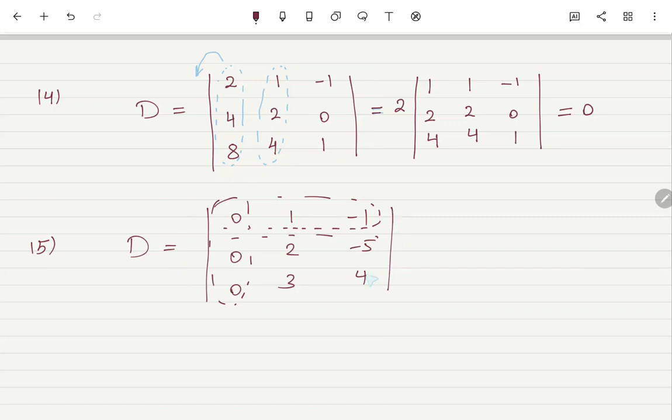So the value for this whole determinant is equal to 0. Again, this applies if each element of a row is equal to 0. Then the value of the determinant will vanish.